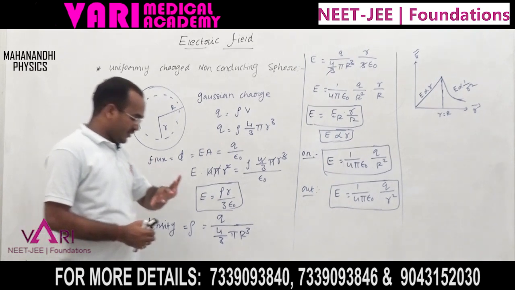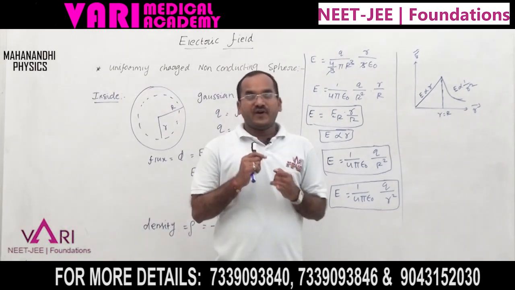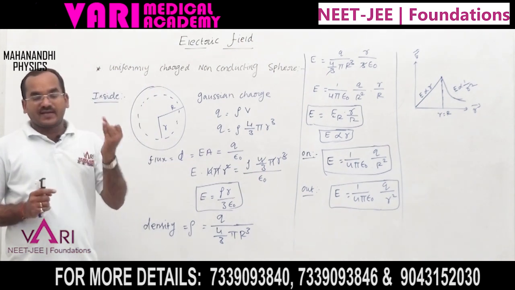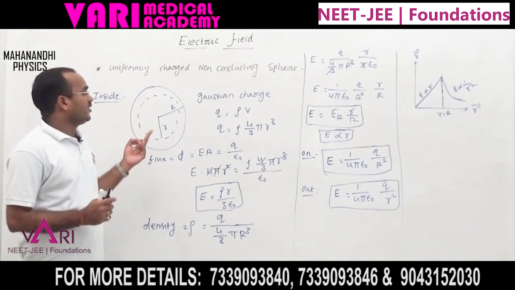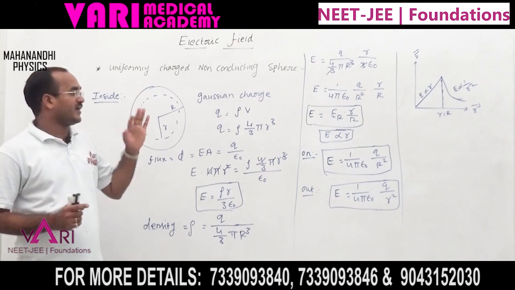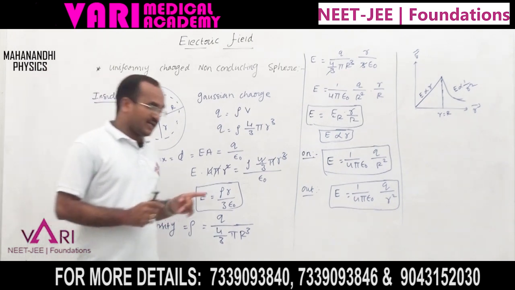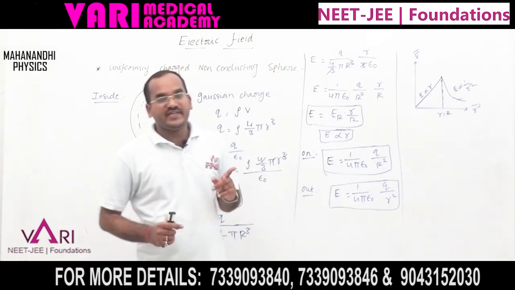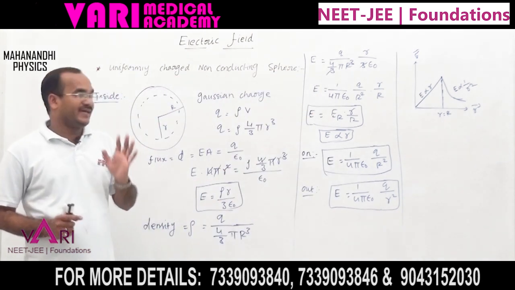First we discussed uniformly charged distributions of the rod and plane sheet, both conducting and non-conducting, and now the solid sphere, conducting and non-conducting. One more thing: the hollow sphere is the same as the conducting sphere.